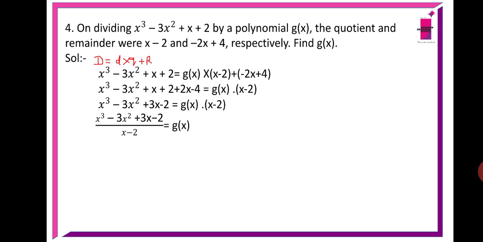Here the remainder is minus 2x plus 4. If you subtract minus 2x plus 4, it becomes plus 2x minus 4 to our equation. So we will get x cube minus 3x square plus 3x minus 2, and divide with x minus 2, you will get g of x.